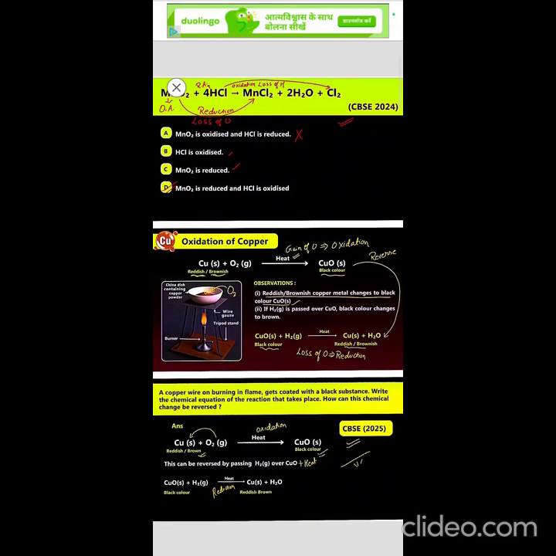After some time, the color of copper changes from reddish brown to black, and the black substance is copper oxide. Remember, if hydrogen gas is passed over the black copper oxide, the black color again changes to brown because reduction occurs. So this is also an example of a redox reaction.